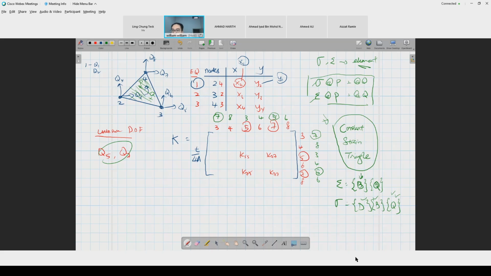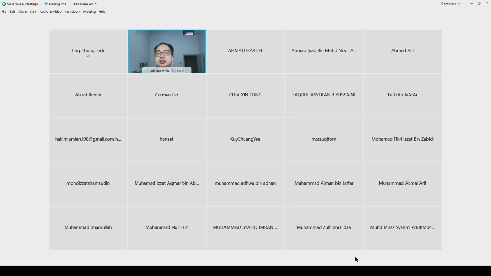The constant strain, as the name of the element states, means any strain value in the element is the same, is constant. So from there you can determine the stress and the strain for the element based on the question. I think pretty much that's it. That's as much as I would like to highlight.